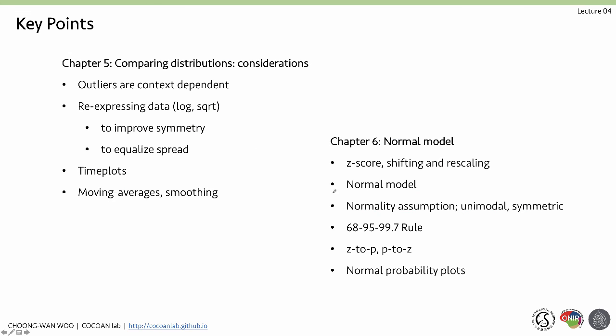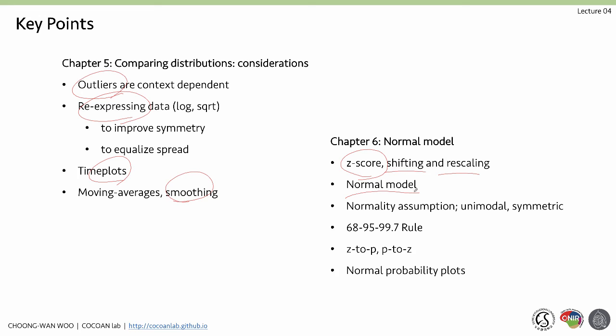Okay, so we learned about many considerations like outliers, how to re-express data, time plots, and smoothing, and also the normal model and Z-score that has two components: shifting and rescaling.